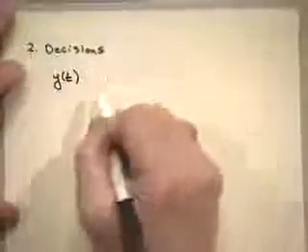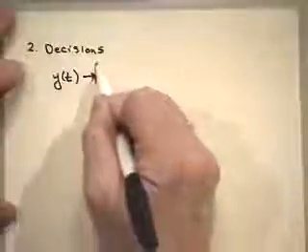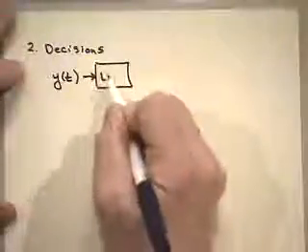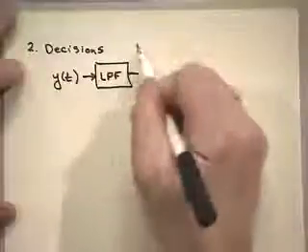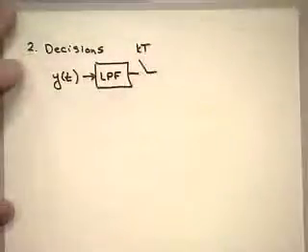If I were going to go ahead and make decisions, I would have y of t. Then I would run through the ideal low-pass filter we just talked about. I would sample at all multiples of the symbol period now.